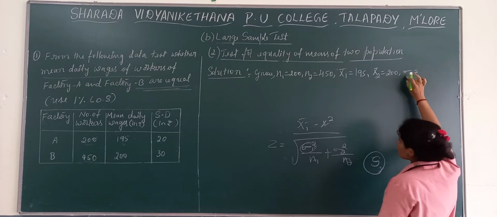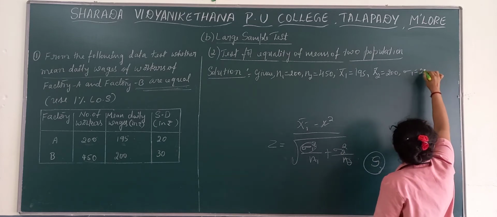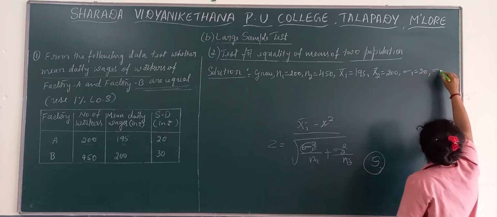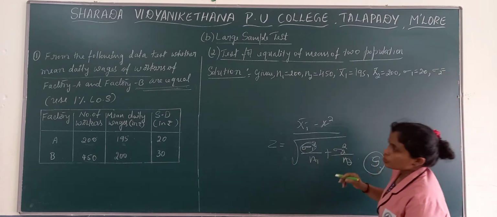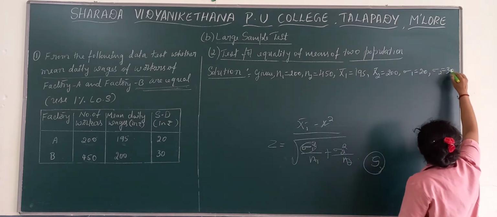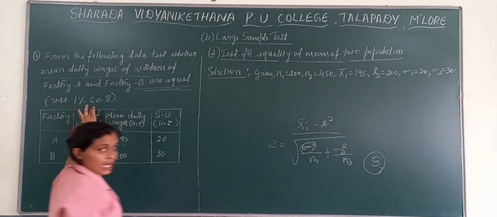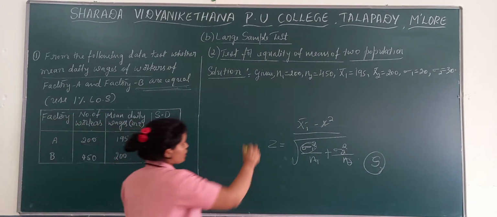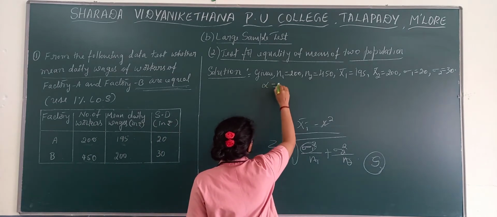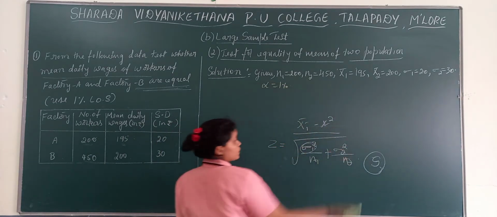The standard deviation of the first population is 20 and of the second population is 30. The level of significance is given as 1%.